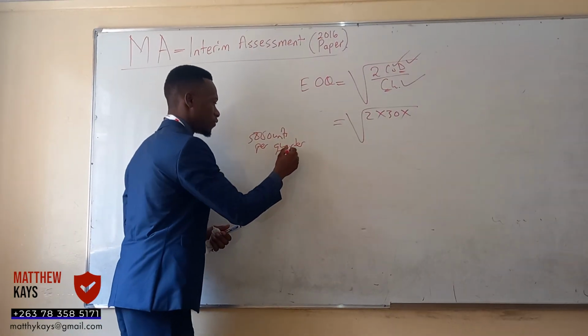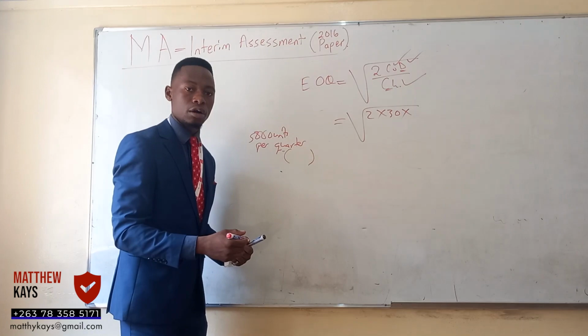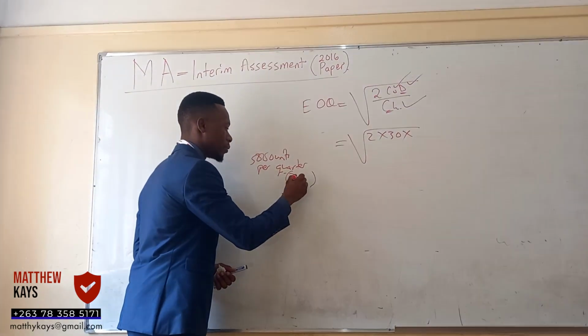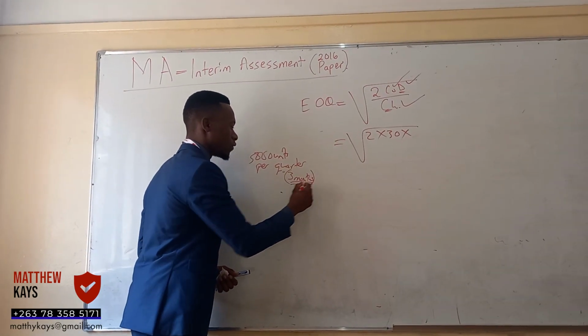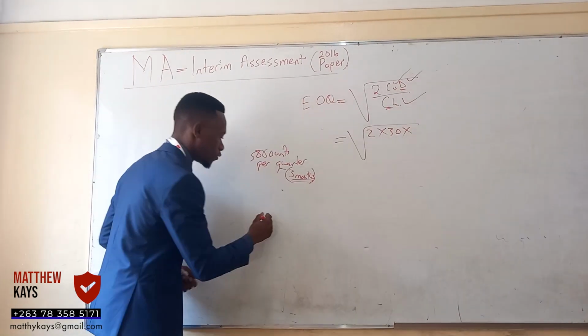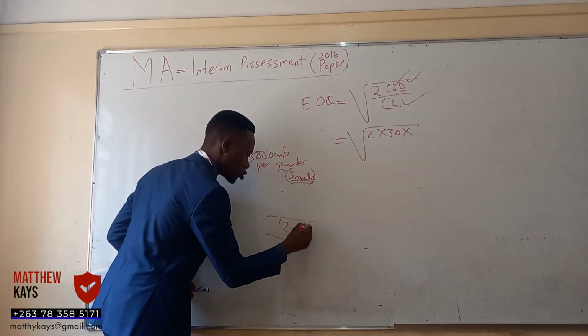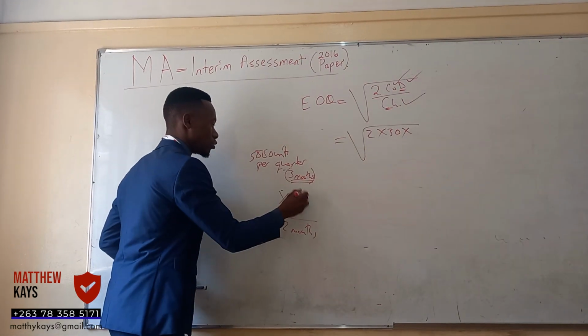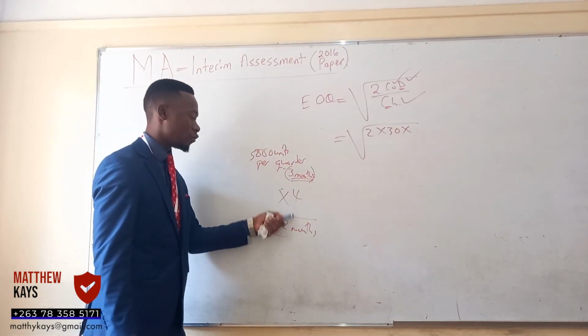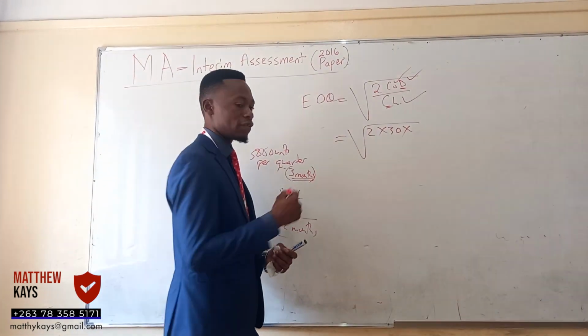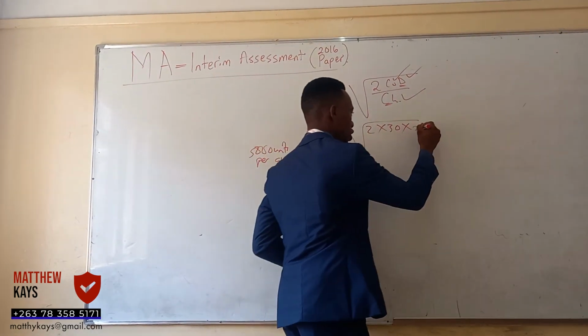You just ask yourself, per quarter is how many months? A quarter of a year is 3 months. So for you to get the 12 months, you multiply by 4. 3 by 4, that's 12 months. So 5,000 by 4, I'll get 20,000.